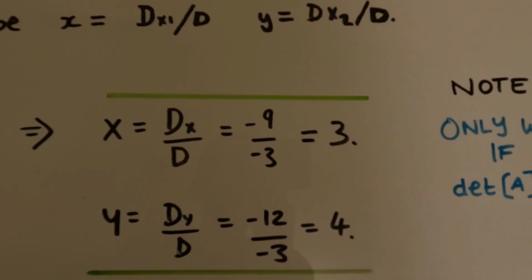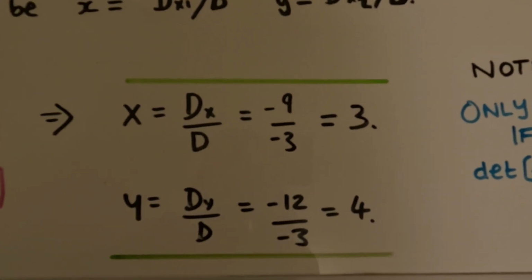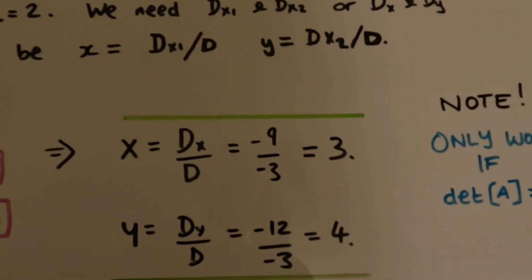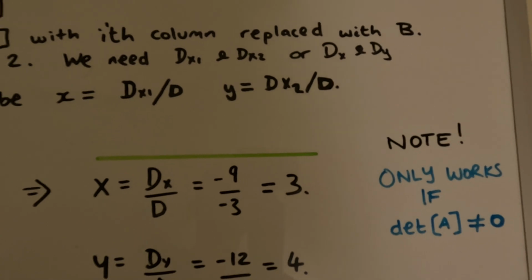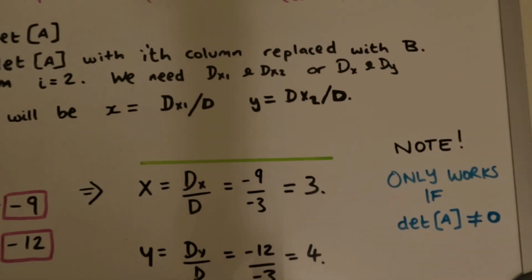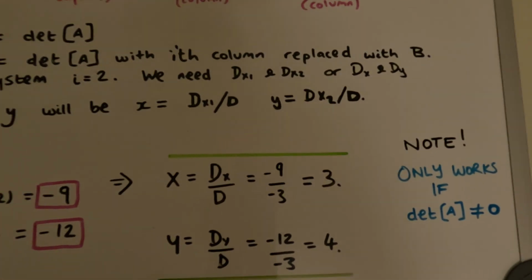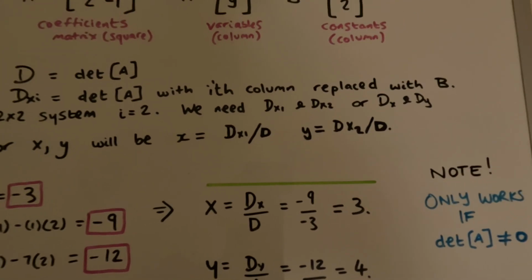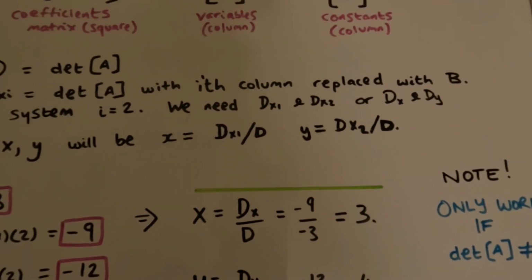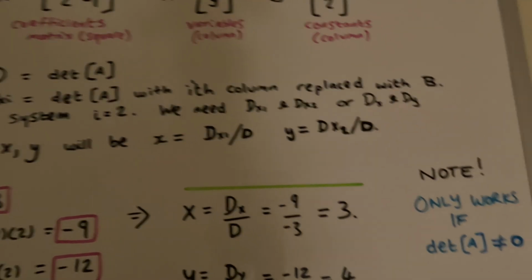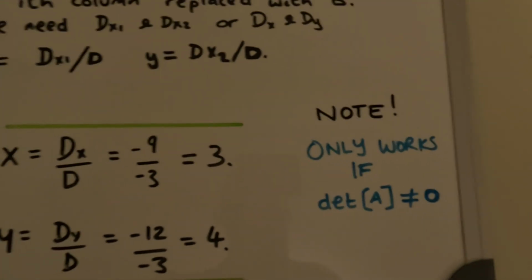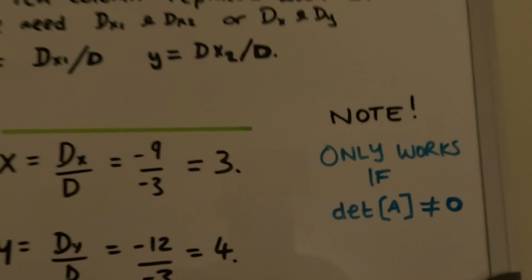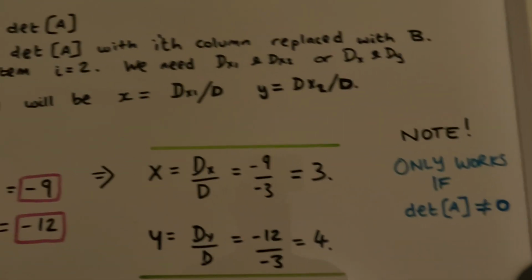So we would be dividing by 0. And the same for y, we'd be dividing by 0. We're not going to cover that case in this video, but what that would mean basically is you're either going to have infinitely many solutions or you're going to have no solutions. So when the determinant of A is non-zero, we can apply Cramer's Rule and we will always find a unique solution.